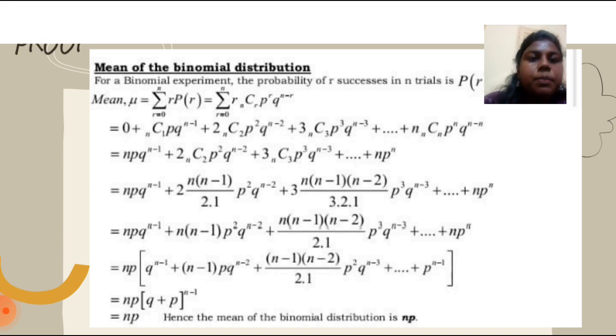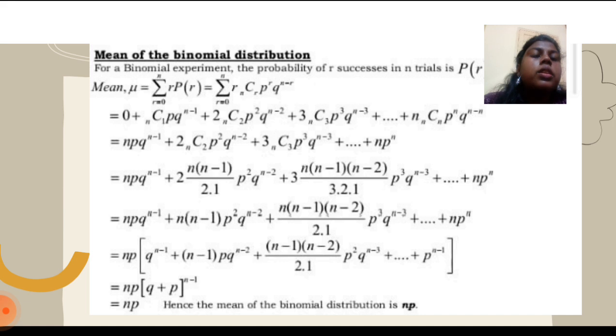And next step, np q^(n-1) and plus 2 nC2. Here nC2 can be written as n into n minus 1 by 2 factorial, and nC3 can be written as n into n minus 1 into n minus 2 by 3 factorial.